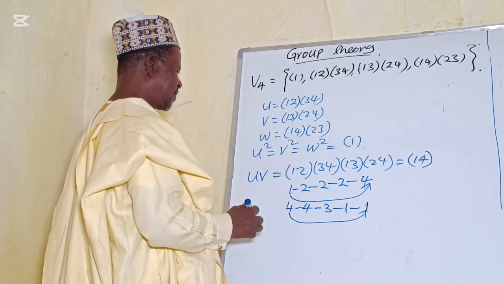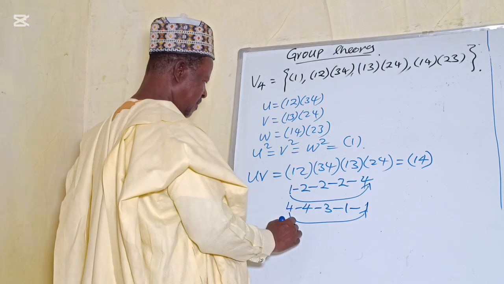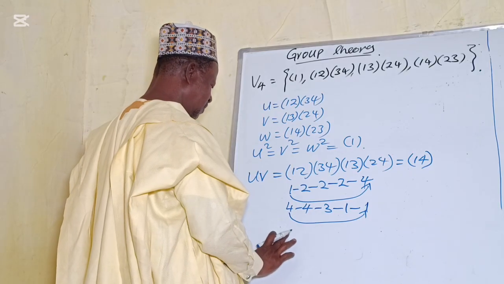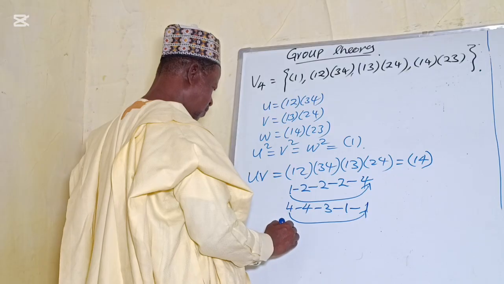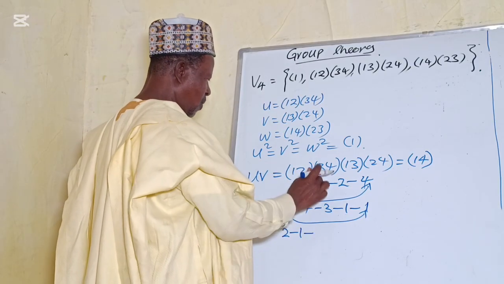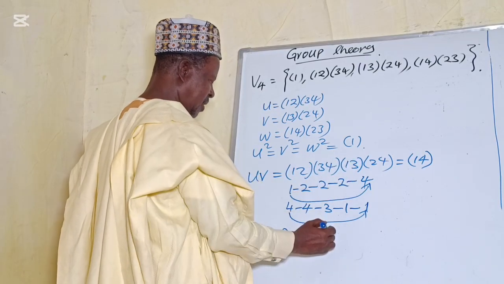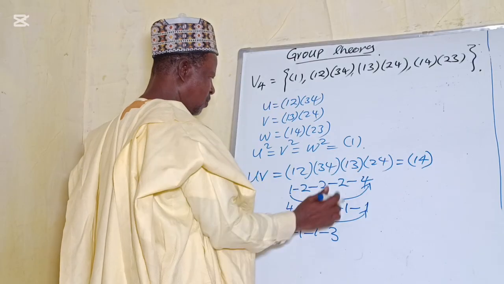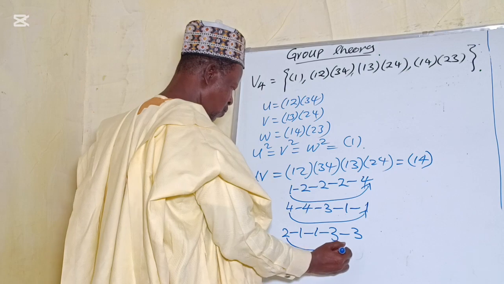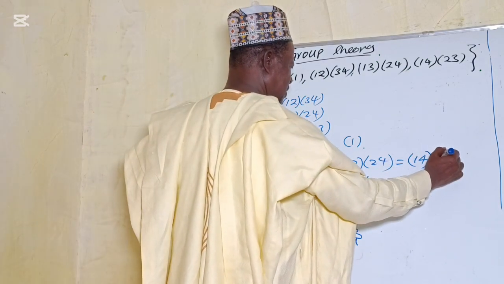Okay, what of 2, since I started with 1? 2 is mapped onto 1 in the first cycle. 1 is fixed in the second cycle. 1 is mapped onto 3 in the third cycle, and 3 is fixed in the fourth cycle. So 2 ultimately is mapped onto 3.